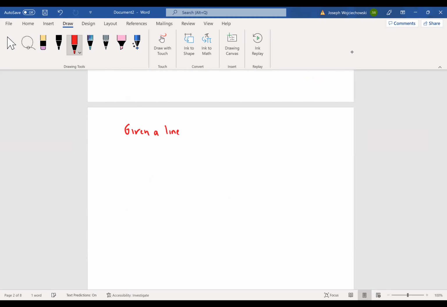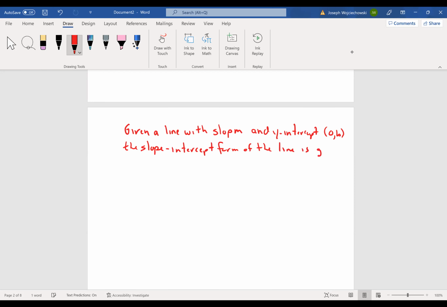Given a line with slope m and y-intercept (0, b), the slope-intercept form of the line is given by y equals mx plus b, and you've probably heard of this.